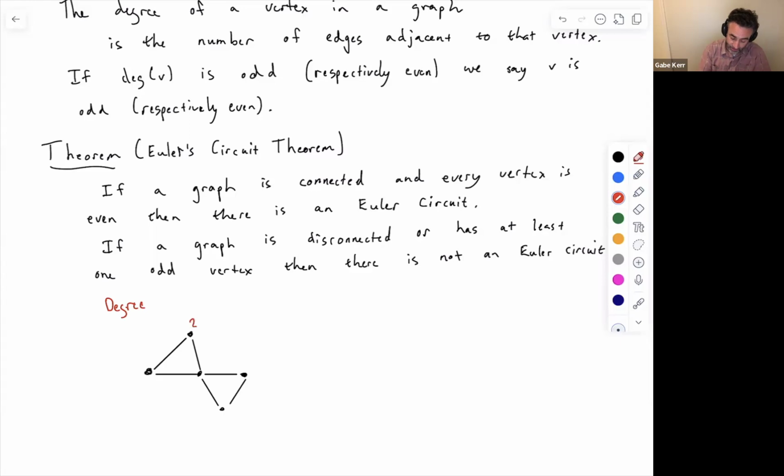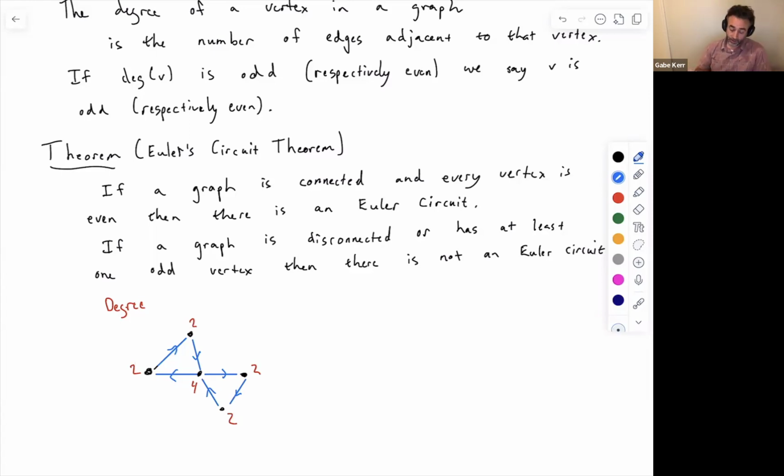This has degree 2, this has degree 2, this has degree 4, 2, and 2. All of those numbers are even, so all of the vertices are even. And indeed, we can easily find an Euler circuit by starting at 4, going around in a loop, and then going around in another loop, just following the arrows.